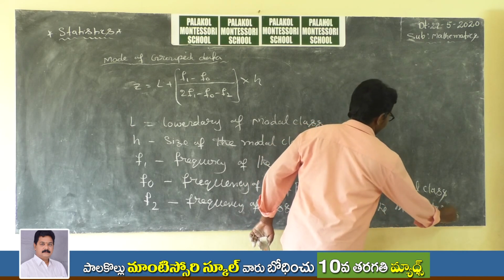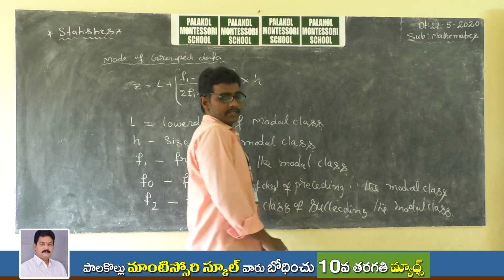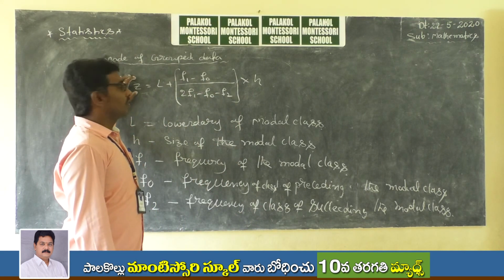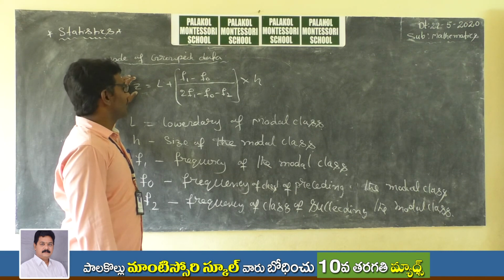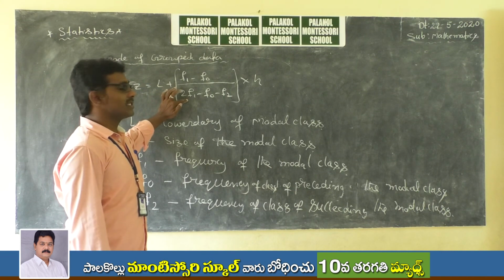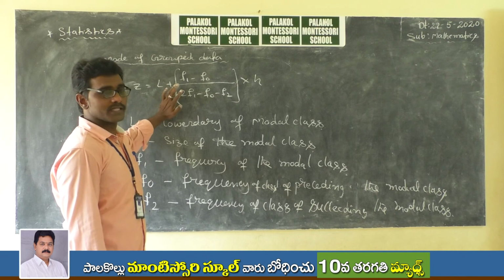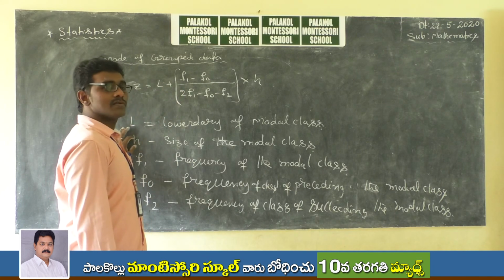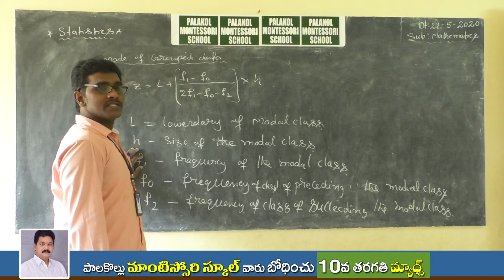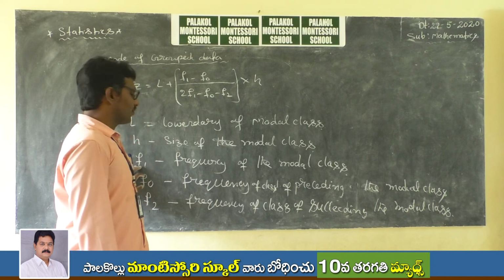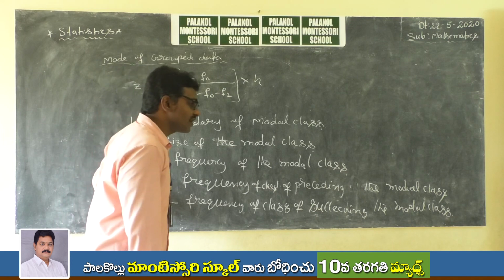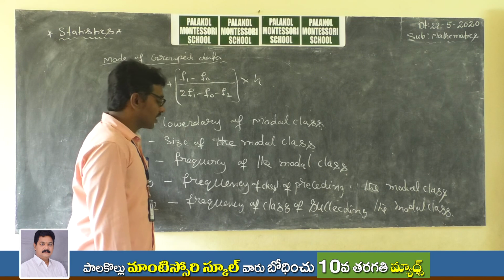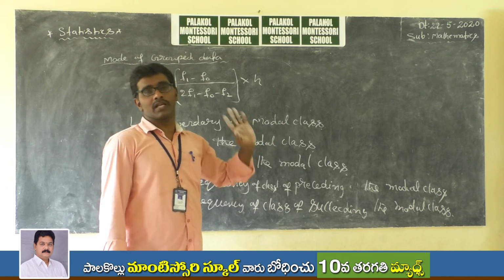Okay guys, do you understand? Mode of grouped data: Z is equal to L plus F1 minus F0 by 2 F1 minus F0 minus F2 into H. L is the lower boundary of the modal class, H is the size of the modal class, F1 is the frequency of the modal class, F0 is the frequency of the class preceding the modal class, and F2 is the frequency of the class succeeding the modal class.